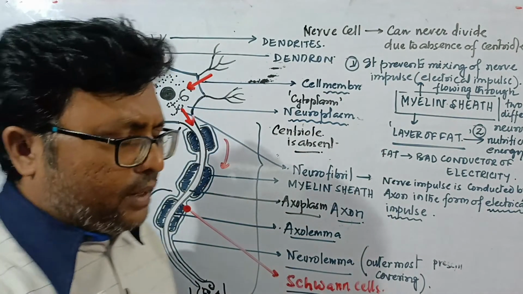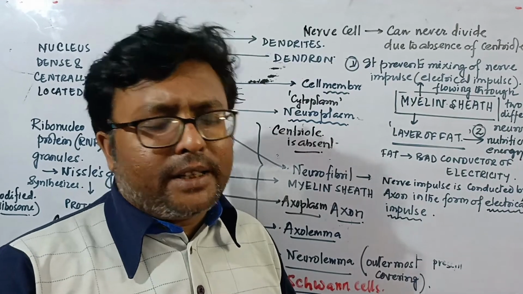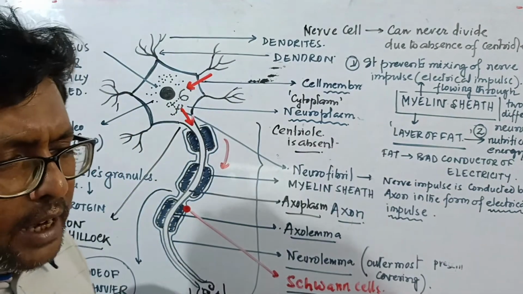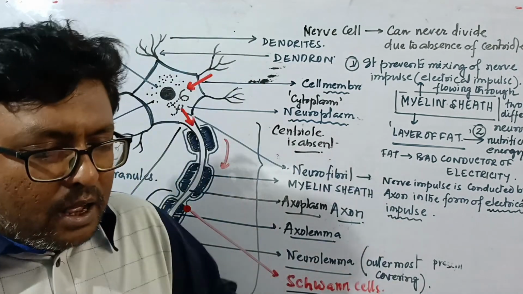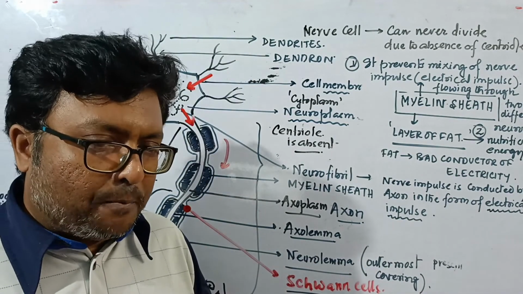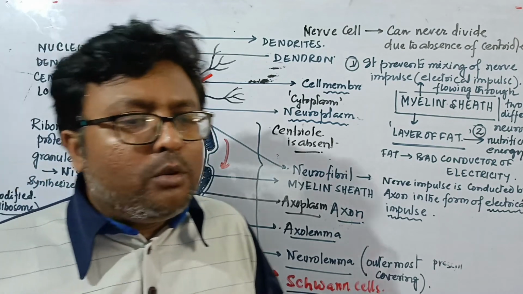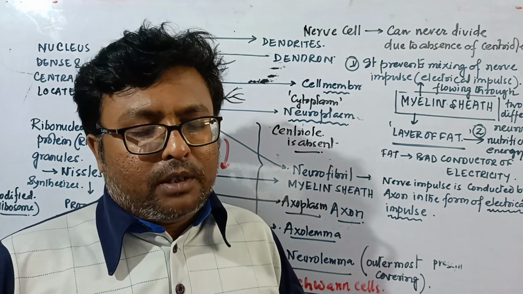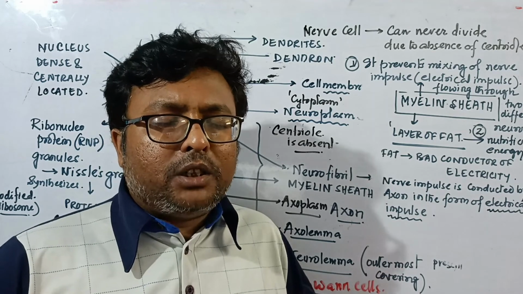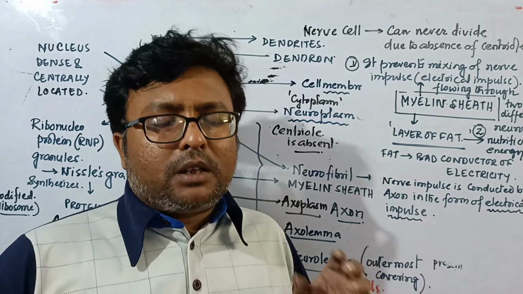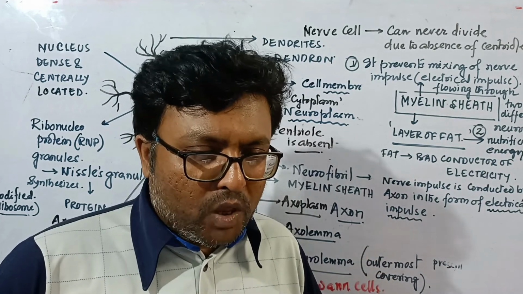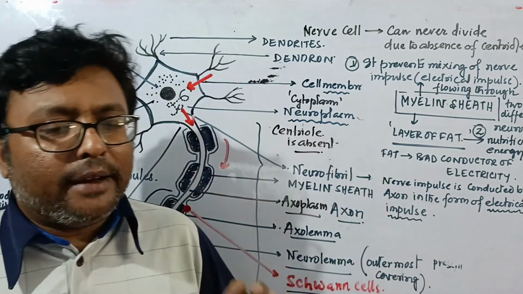And one more thing. In case of a myelinated nerve, nerve impulse is generally conducted very fast. If we discuss nerve impulse conduction in a non-myelinated neuron, we will see that it is very slow. There is a reason behind it.